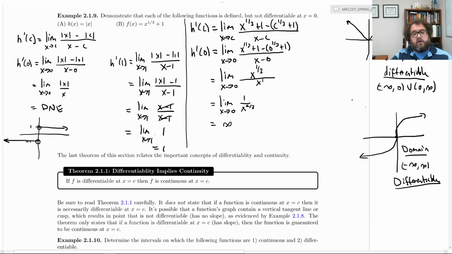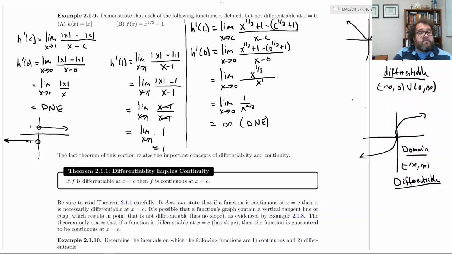There's an asymptote there, and it's going off towards positive infinity. In other words, again, remember that's a special version of DNE. So the limit does not exist. The alternative limit definition does not exist at 0, which means the limit does not exist at 0. The derivative does not exist at 0. So this function's not differentiable at 0.